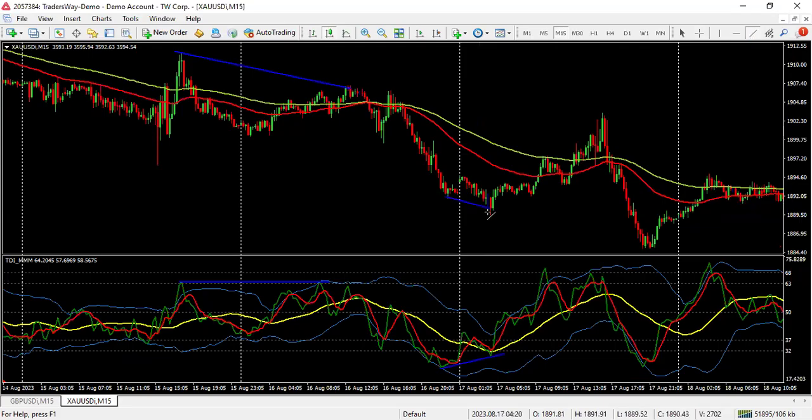This is bullish convergence, for the buy. You can only have bullish divergence or bullish convergences at lows. You can only have bearish convergences or divergences at highs.